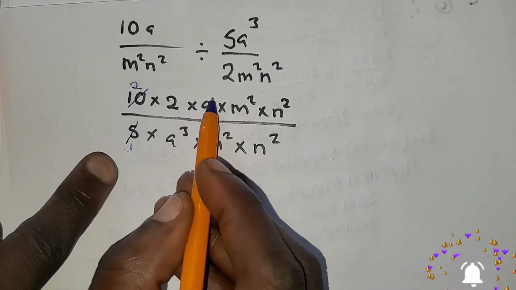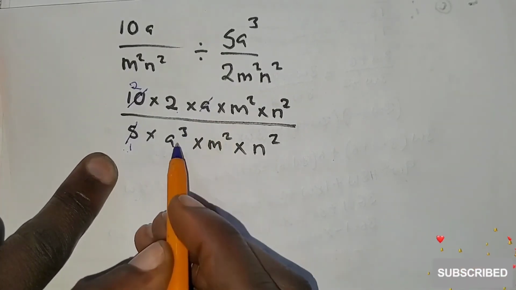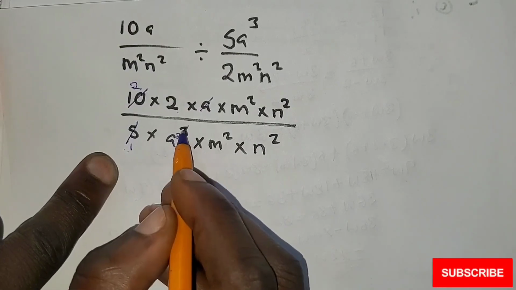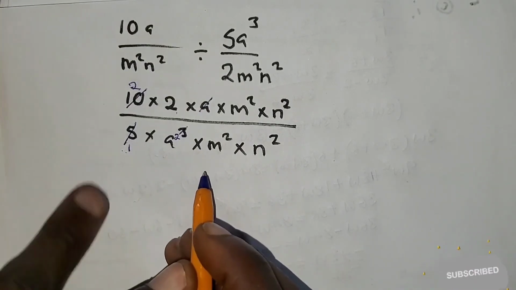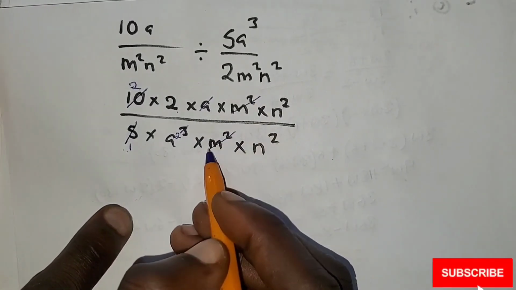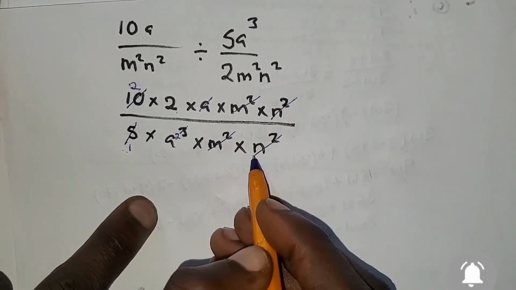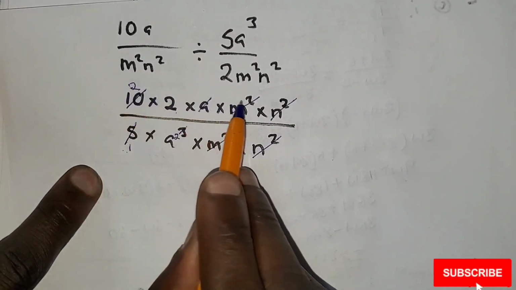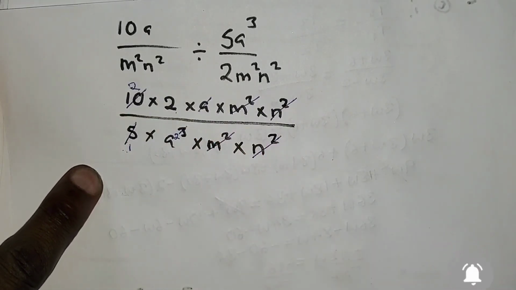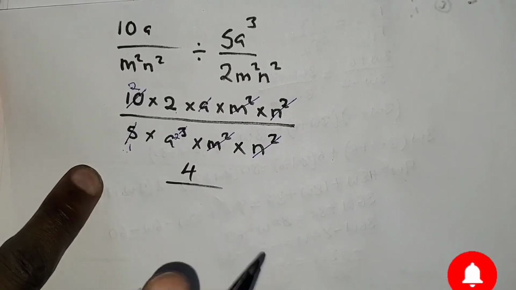On top we have 1 a, down here we have 3 a's, so they cancel and remain with a to the power 2. Then 2 m's on top and 2 m's on the bottom cancel, and since they are identical, the n's cancel too. So on top we only have a number, 2 times 2, which is 4.